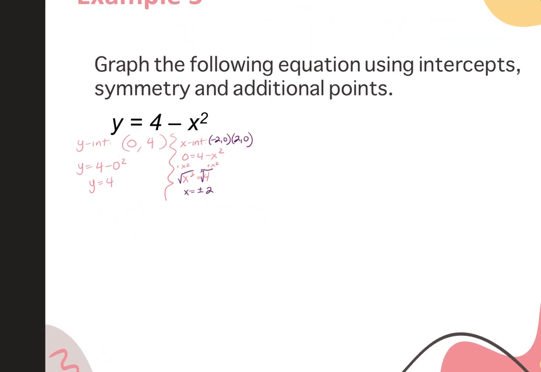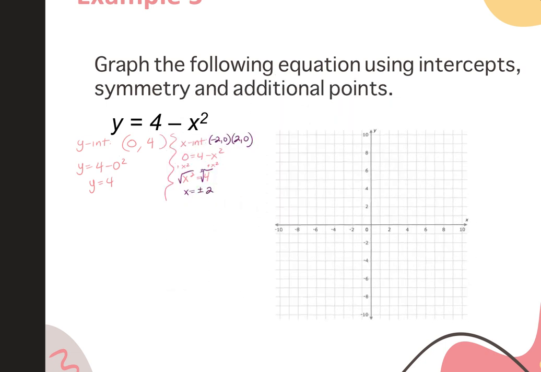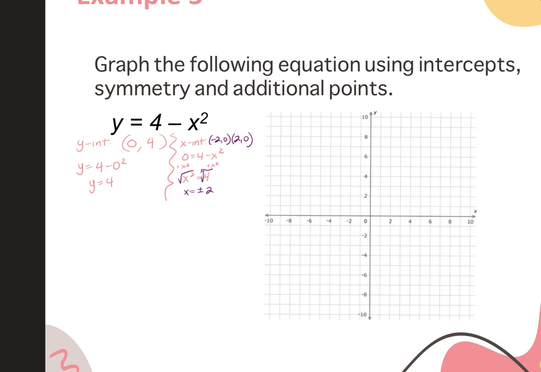I'm going to pull in my graph again. And I'm going to plot what I know already. 0, 4, negative 2, positive 2. Based on your parent functions, what's the overall shape?